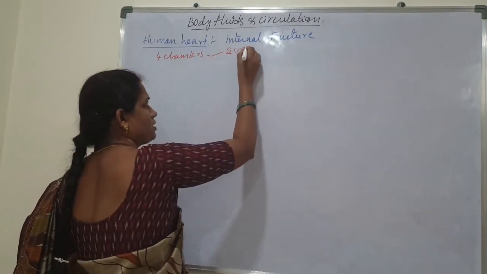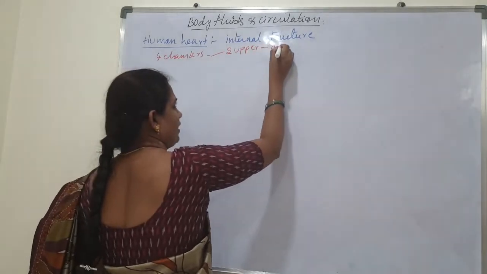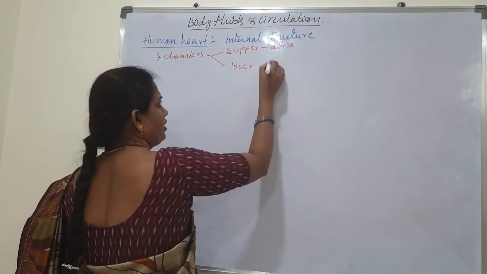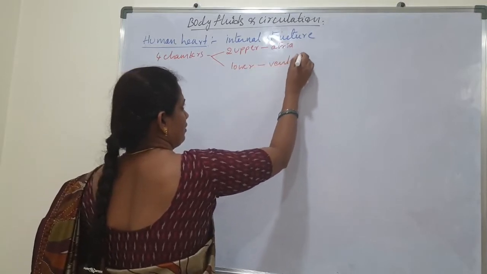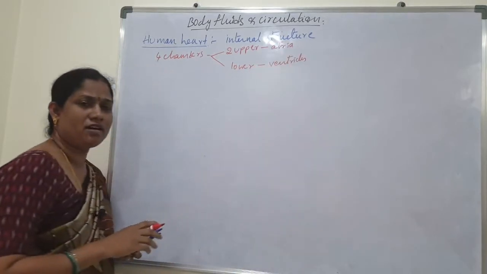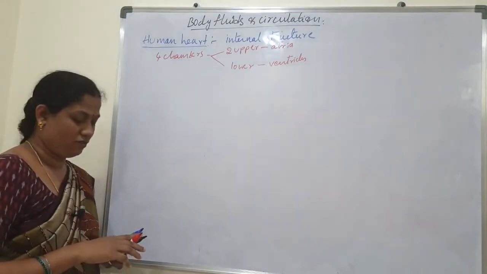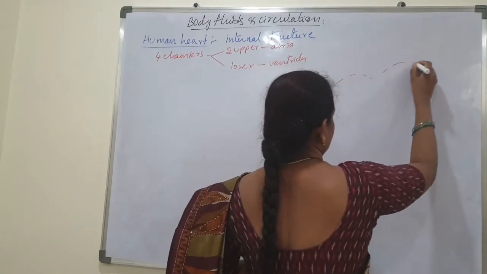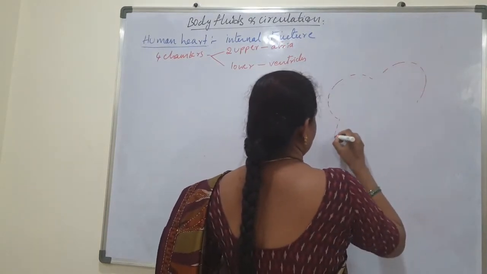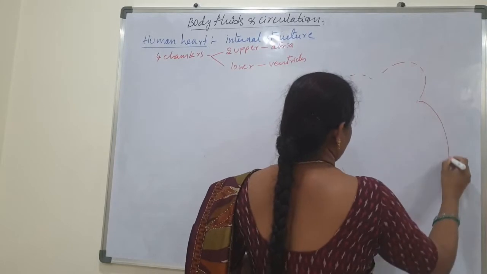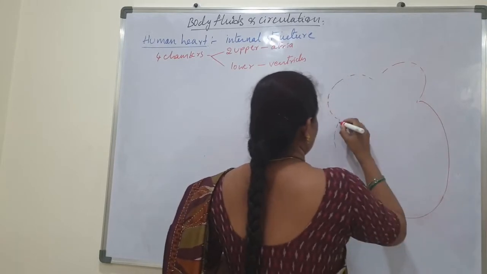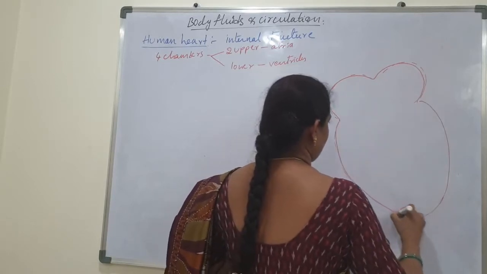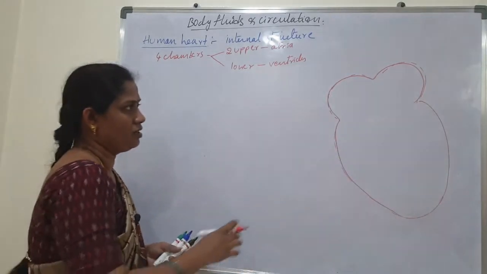Two upper chambers are called atria and the lower chambers are called ventricles. So for example, this is the atria, the upper chambers.